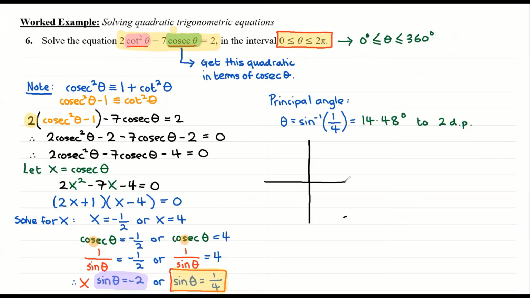So we've got C, A, S, and T. And the value 1/4, if we just look down here, again, this value was positive. So we put our principal angle here in the quadrant where sine is positive. So sine is positive in S and A. That's all there is to it.